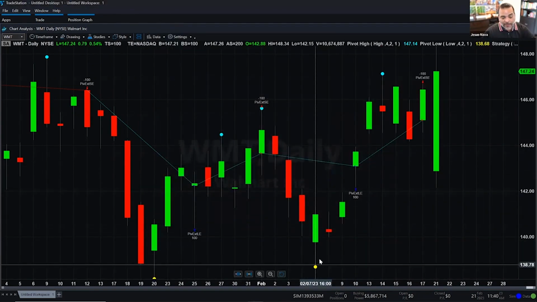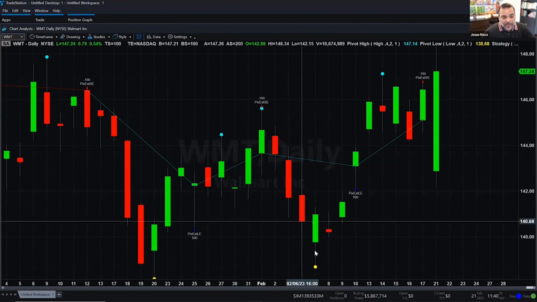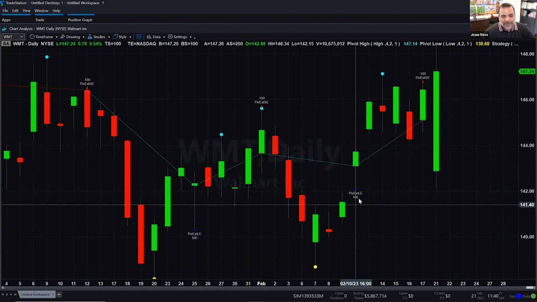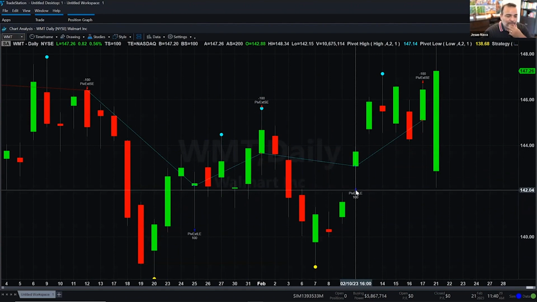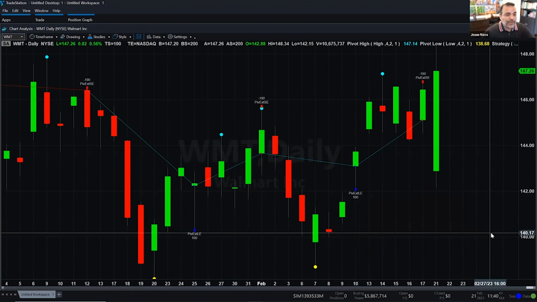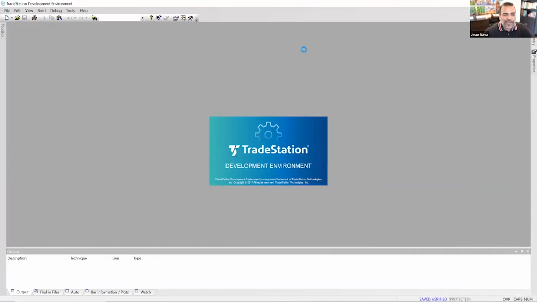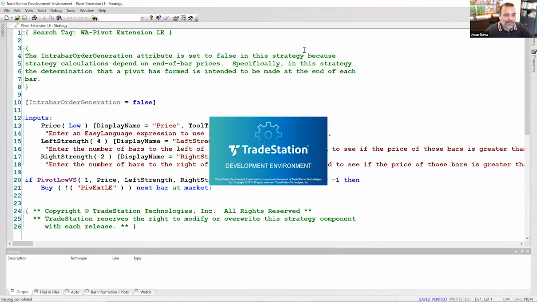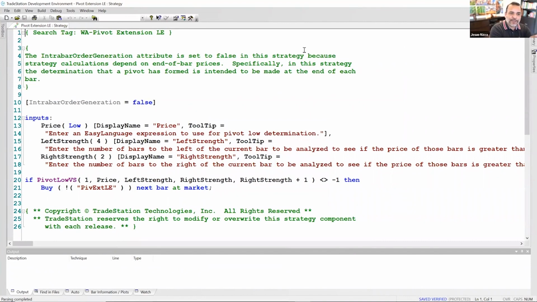I know that my show me was able to identify this pivot based on my condition, but my entry here is generated because, let me right click on the entry itself. I'm going to go to edit easy language for strategy, and I'm going to go to the pivot extension long entry. So when I open up the development environment, this is what drives every indicator and strategy in TradeStation.